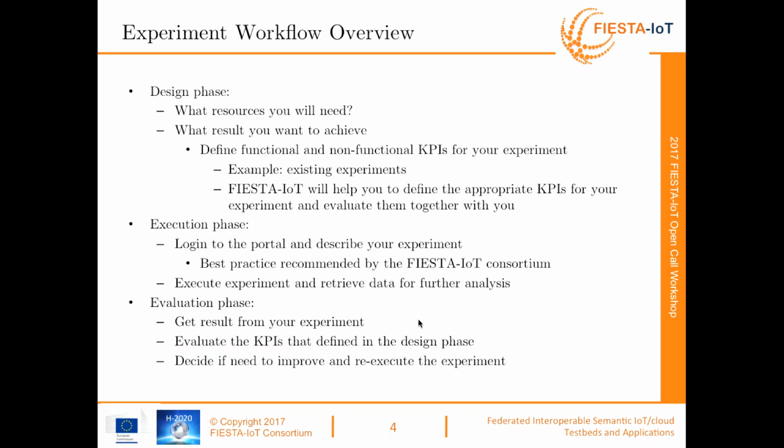Define your KPIs, etc. The execution phase is writing your DSLs, describing your experiment, and executing them on the tools that we have. Evaluation is once you have received the data, you see if your KPIs are met, or if there is something you need to improve and re-execute your experiments.